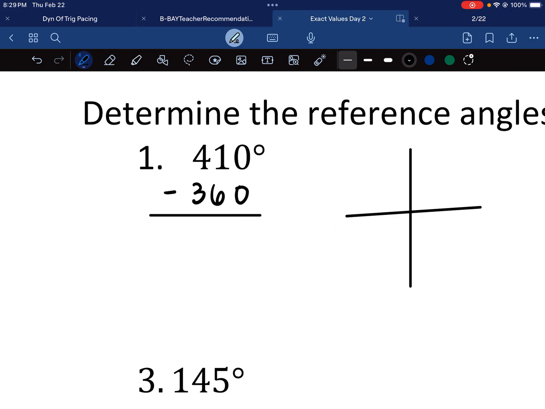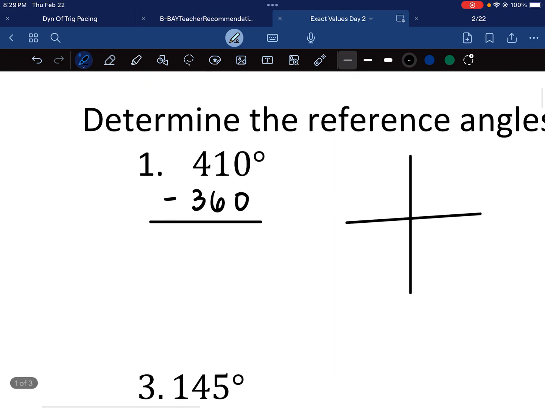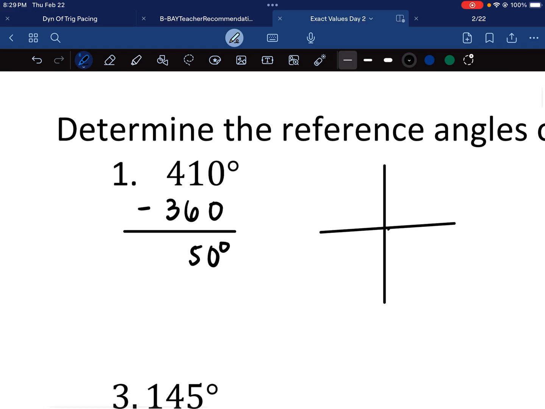Remember, that's vocabulary from your quiz. 410 minus 360 gets us 50 degrees. So what that tells me is that 410 degrees is sketched like that. That is our whole angle given.